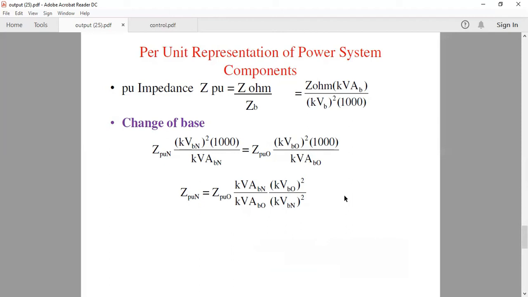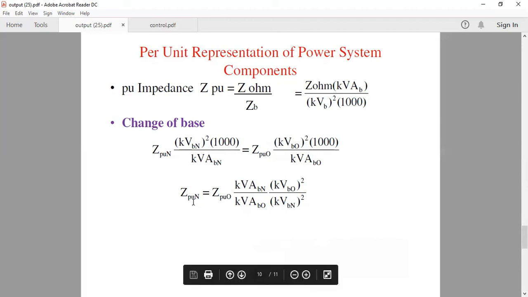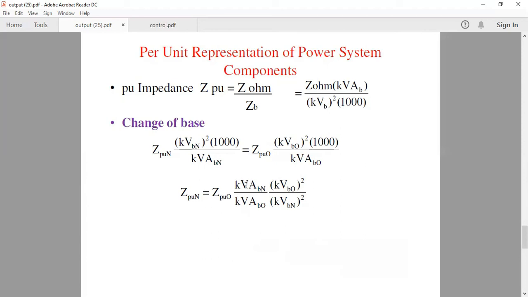The formula is Z per unit new is equal to Z per unit old into kVA base new divided by kVA base old, multiplied by kV base old square divided by kV base new square. So these are some of the calculations required for the per unit representation of the power system components.